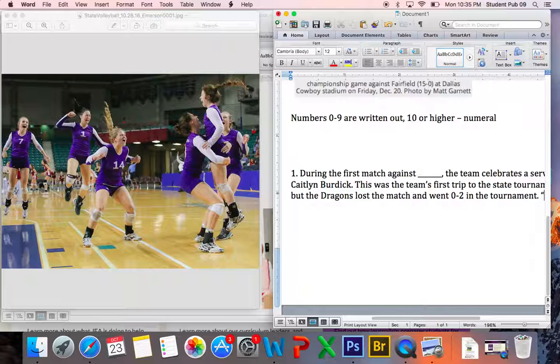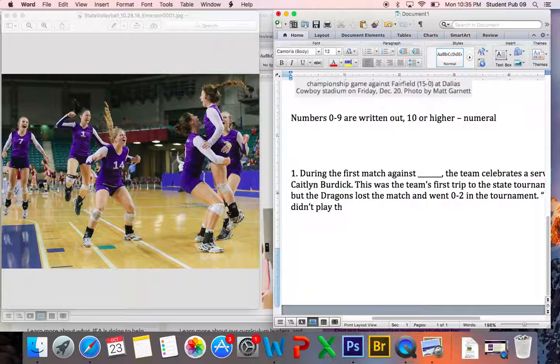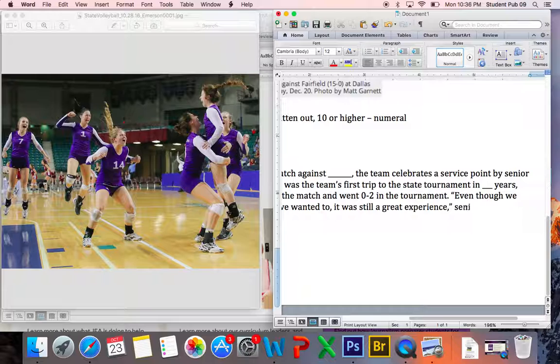And so you could say, and you need to actually interview your person, but I want to show you a style thing: "Even though we didn't play the way we wanted to, it was still a great experience," and then we'll do comma, quotation mark, and we're going to do senior Taylor Muff said.